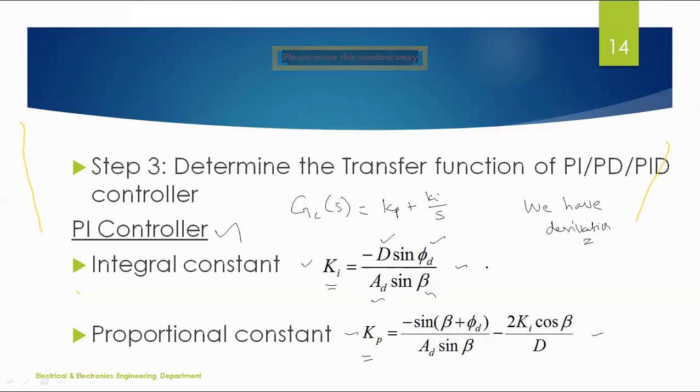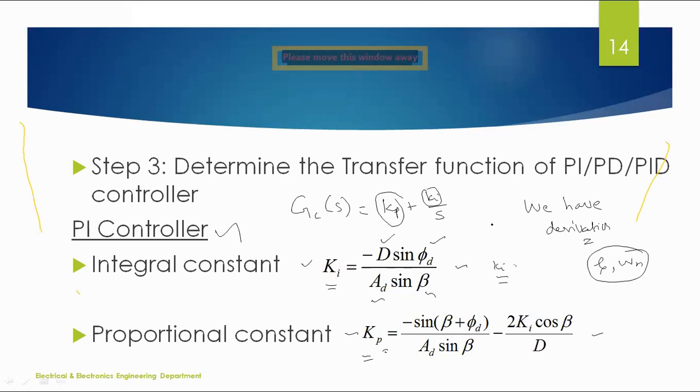From this formula we get the KI value, and then we substitute this KI to get KP, with the specs theta and omega n. So using the specifications, we find the KP and KI values. After finding them, we place them in GC of S, so now we have the GC of S transfer function for the desired spec.